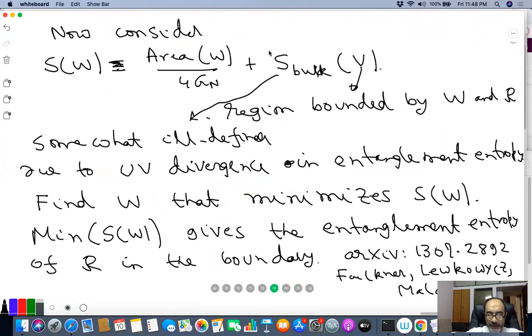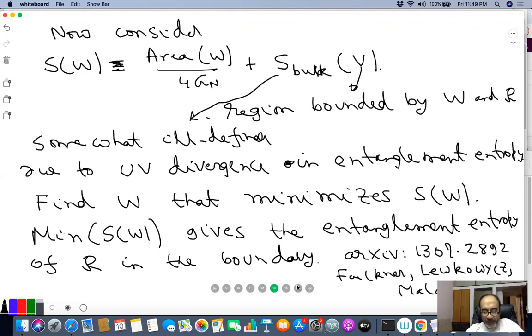And once you have determined the cut that minimizes this, then the region bounded between that cut and the boundary segment R, the information about that region is encoded in R, which basically means that the operators that act inside that volume can be pushed to R. They don't have to be; there are other ways of pushing them somewhere else, but they can be pushed to R. And that's the entanglement hypothesis.